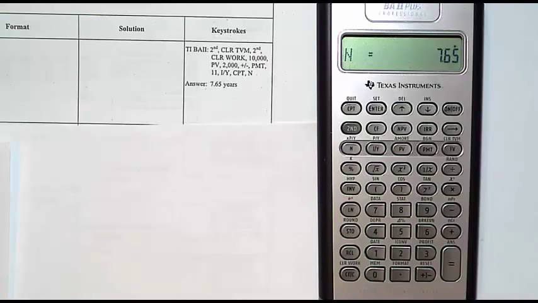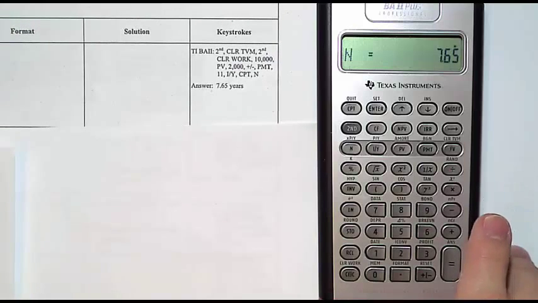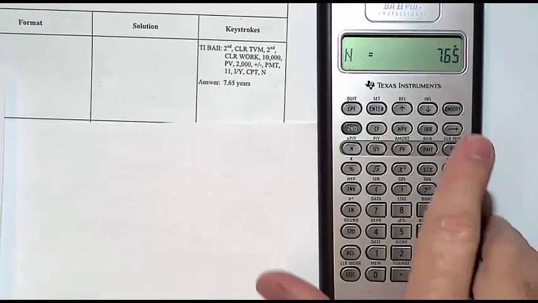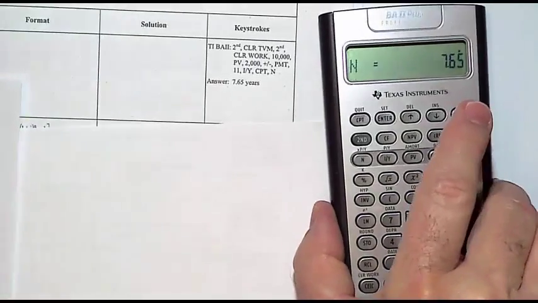So this says it will take 7.65 years for you to be able to pay off that loan if you pay it at that rate. Again, this is not one that we do too commonly, but it is reasonable. I'd like to mention something called the Rule of 72.